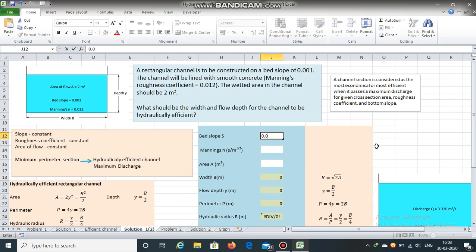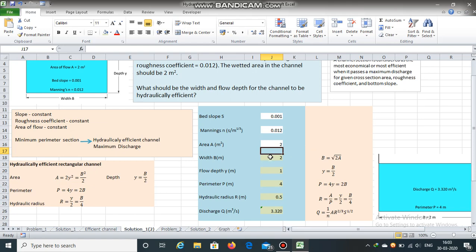Slope is 0.001, Manning's roughness coefficient is 0.012 and area is 2 meters square. So width should be 2 meters and depth should be 1 meter.